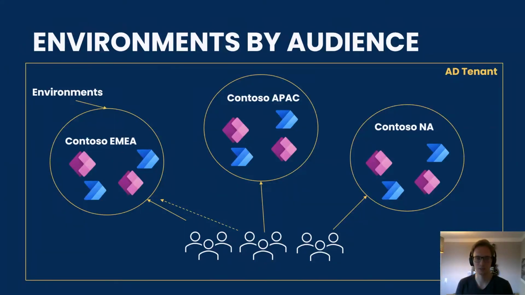This means only EMEA people should work with EMEA applications. Of course, there might be the case that you have applications that are in global use, so that's fine as well. But to have a little bit of structure in there, it makes sense to make this separation by location, let's say.